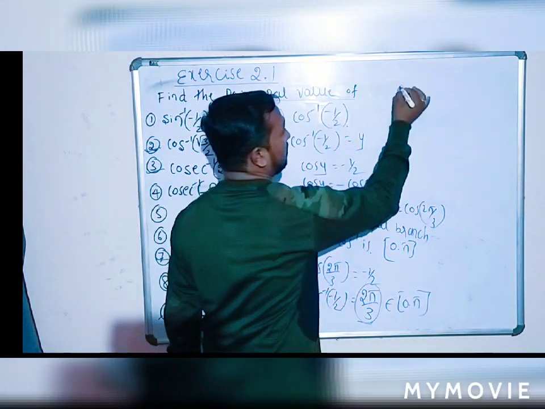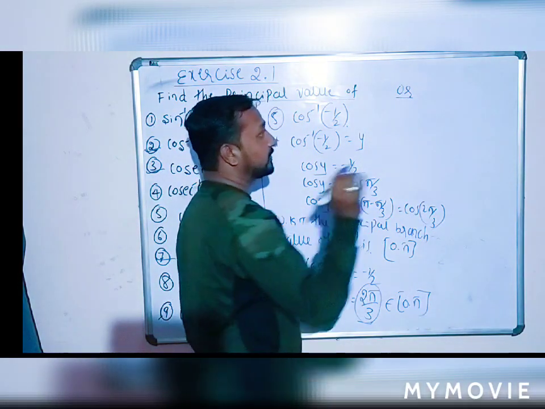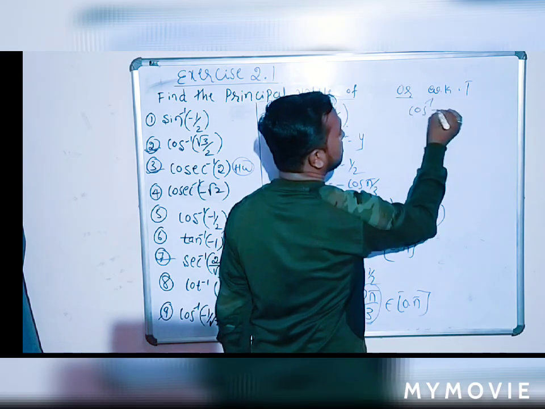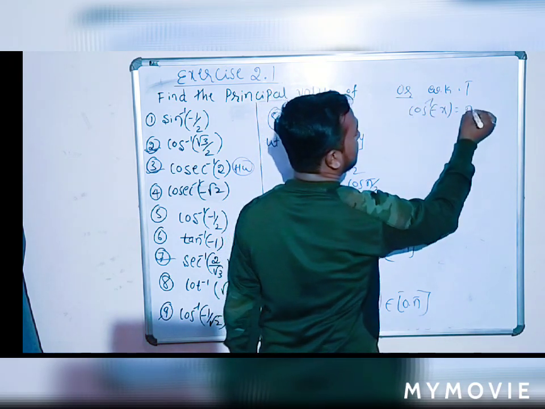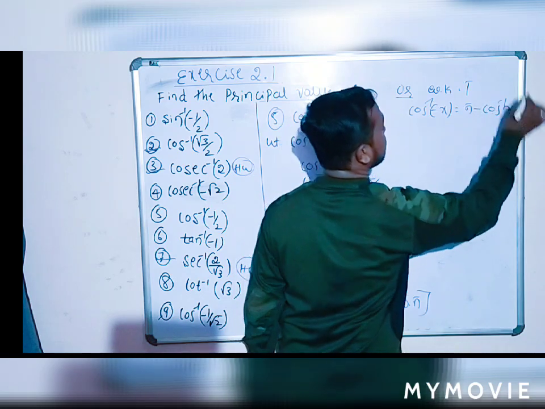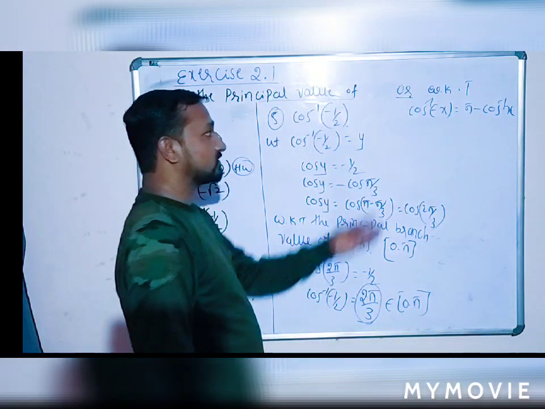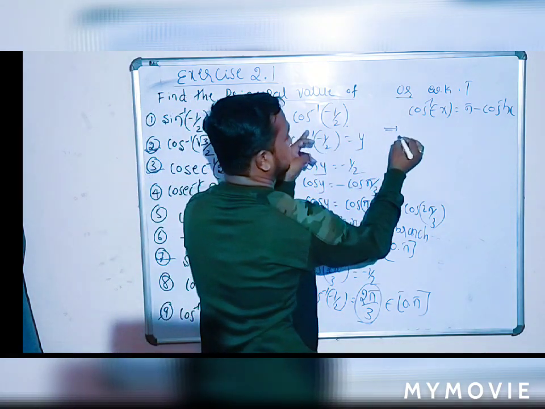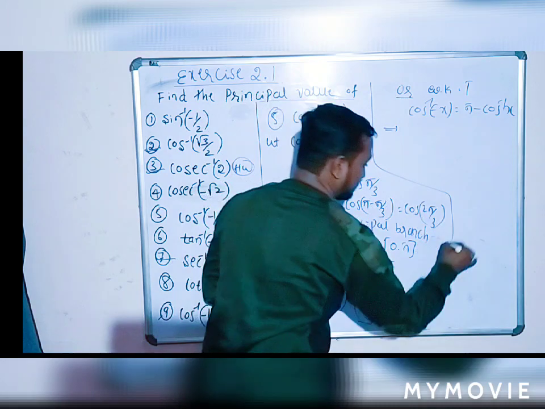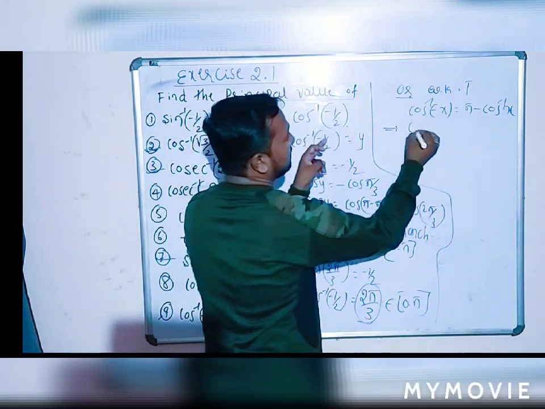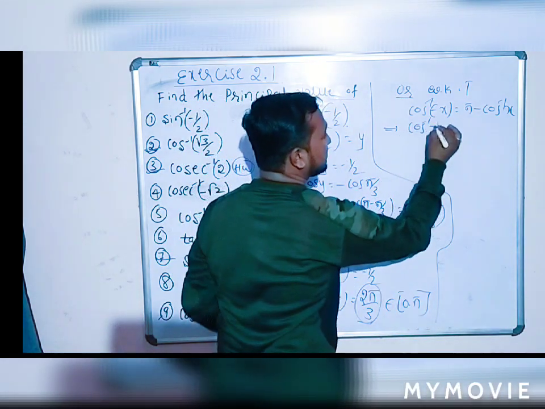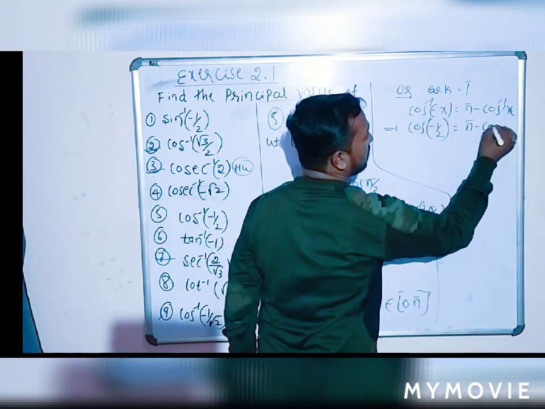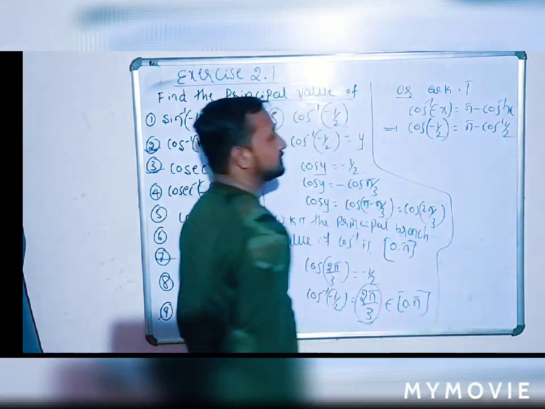Or another method. We know that for cos inverse, cos inverse of minus x is equal to pi minus cos inverse of x. So, keeping it as it is, this implies that cos inverse of minus 1 by 2 is equal to pi minus cos inverse of 1 by 2.